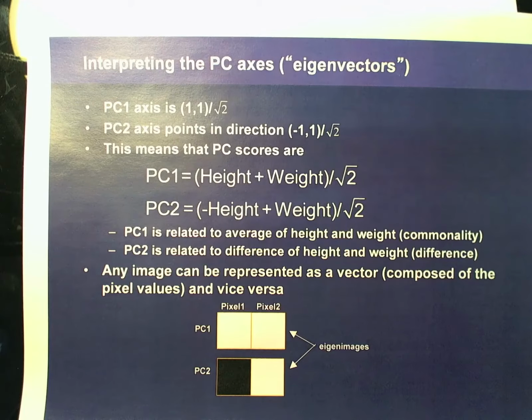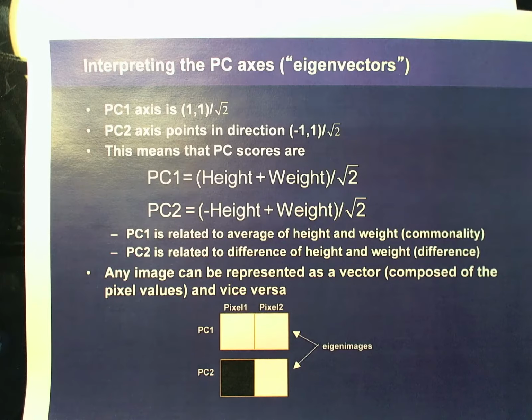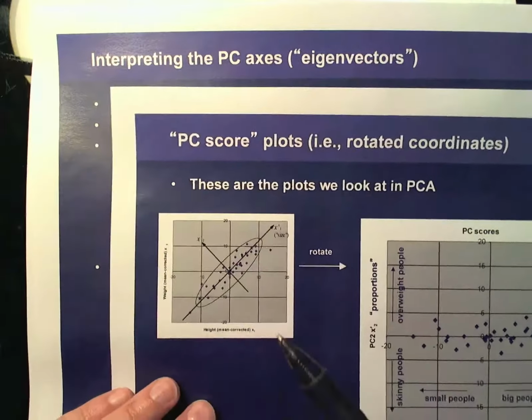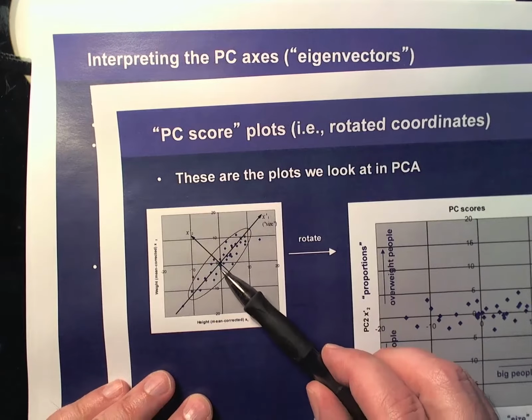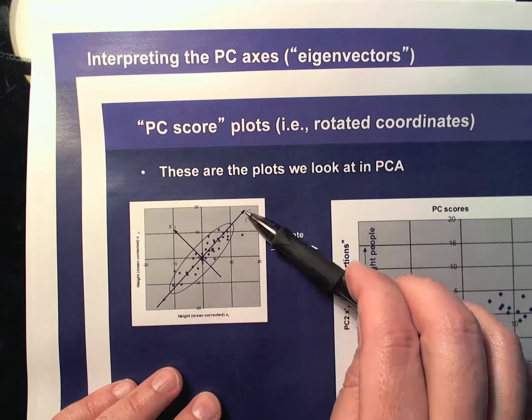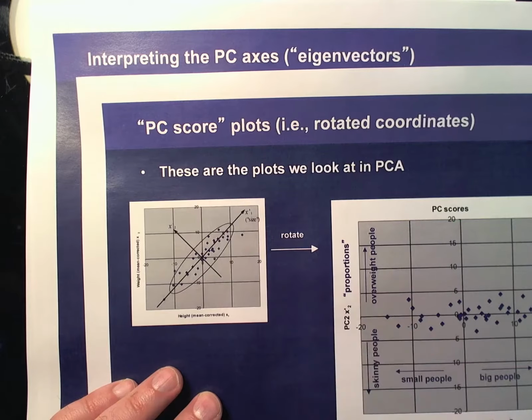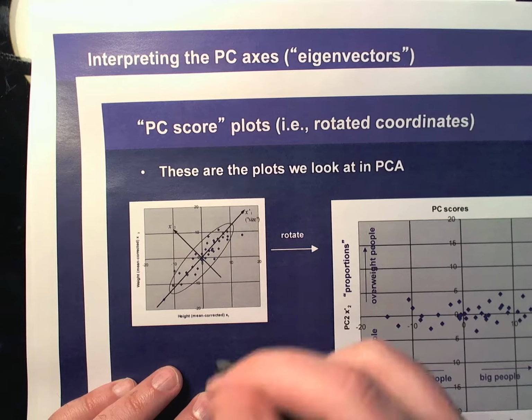Now, what do these axes mean? These new basis vectors. Well, again, coming back to the diagram, the first direction, this horizontal one here, which is diagonal in the original diagram, is roughly, well, in this case, it's exactly in the 1, 1 direction.